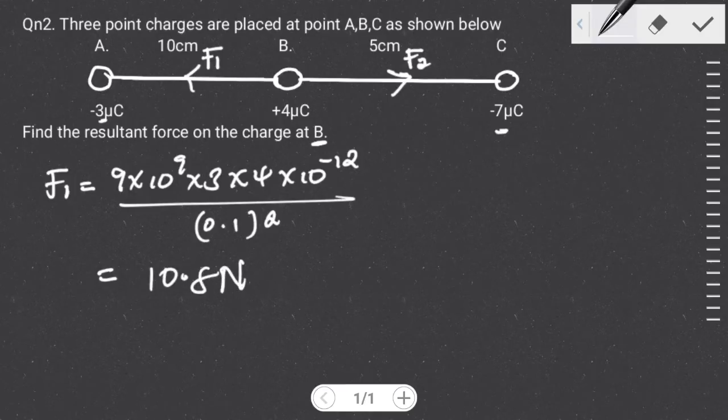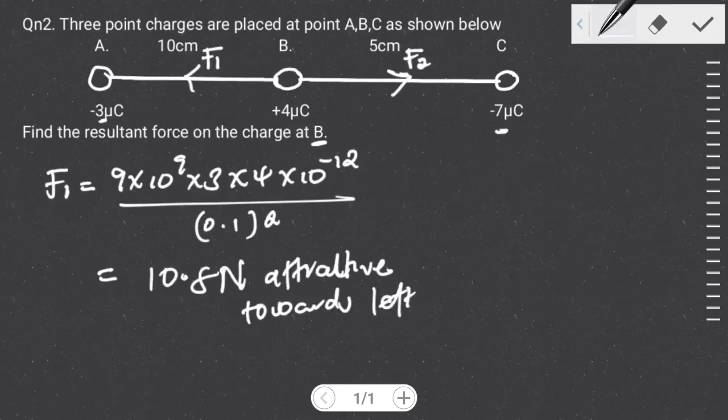That's attractive, but towards the left. So for this case, this one is done.